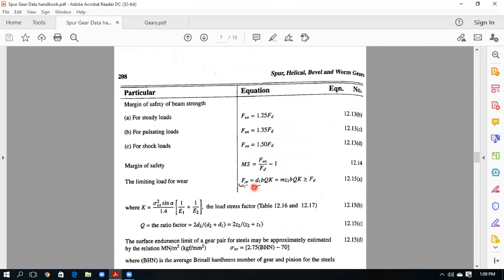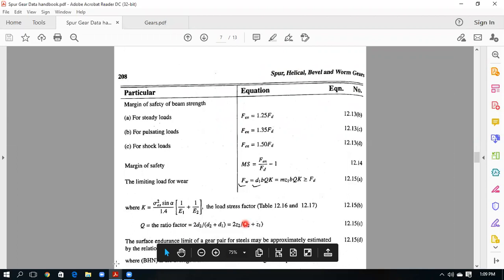Here you can see that wear load Fw is equal to m z1 b Q K, which should be greater than or equal to Fd. This capital K is nothing but this. From this you can take, or from the table also you can take, but Q is the ratio factor. Either you can use the first formula or the second formula to calculate that.